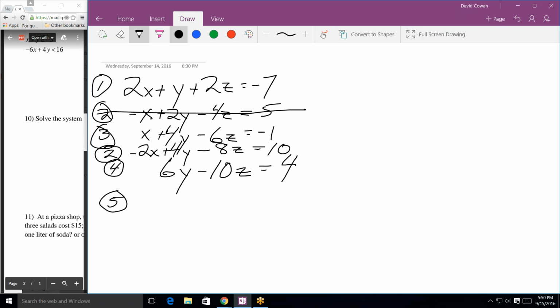Yes. All right. Now notice that I can add the original equation 1 and the new equation 2. I can add them together and it will eliminate x. What do you get when you add them together? You get 5y minus 6z equals 3.